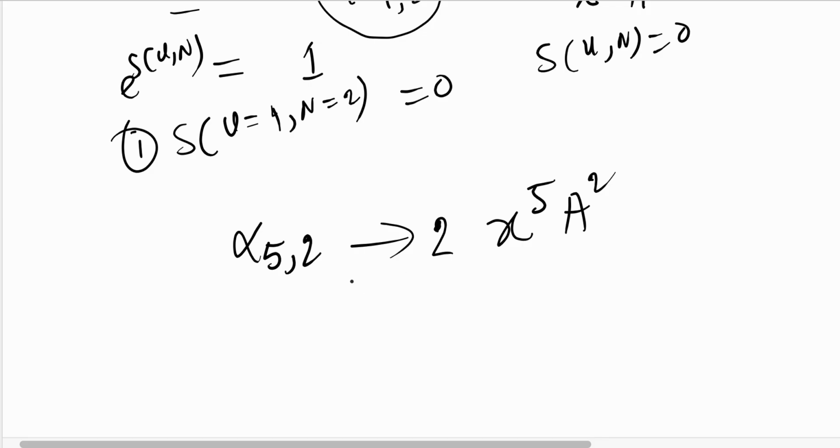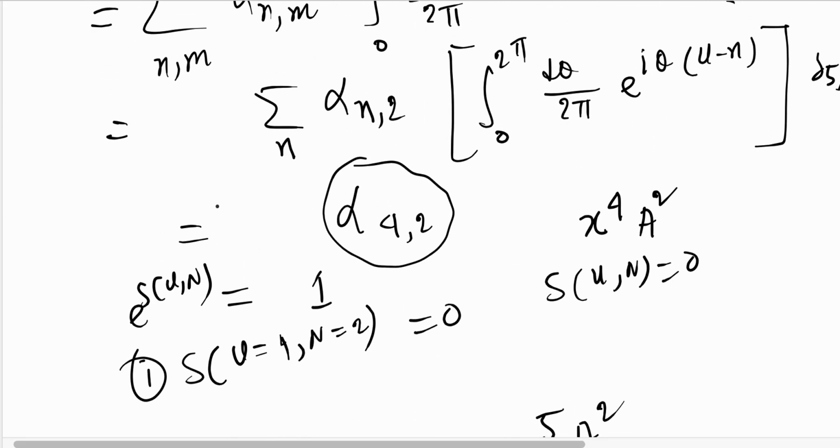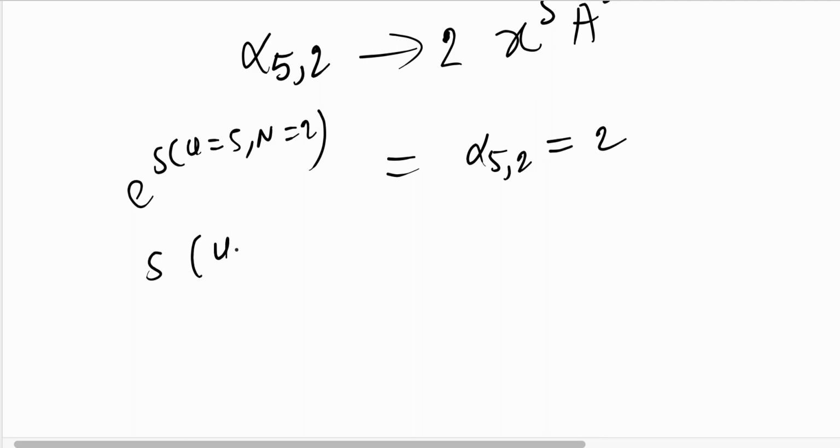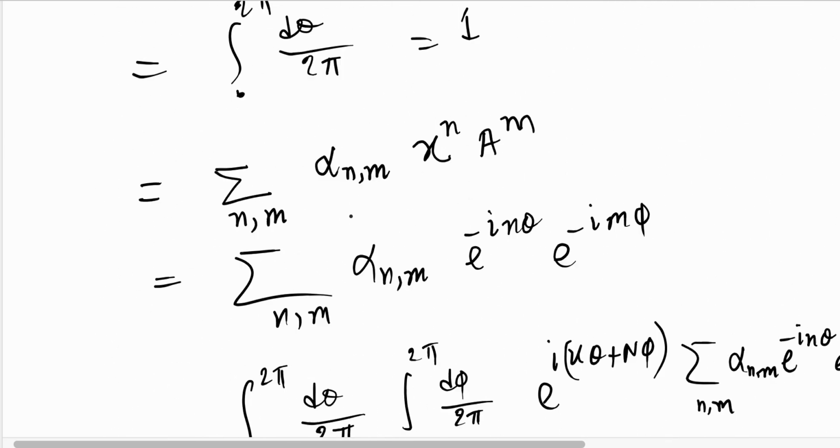That means this all boils down to e to the power s, u equal to 5, n equal to 2, is alpha 5 2 equal to 2. That means s for u equal to 5, n equal to 2 is actually ln 2. That means the entropy corresponding to u equal to 5 and n equal to 2 is actually non-zero.